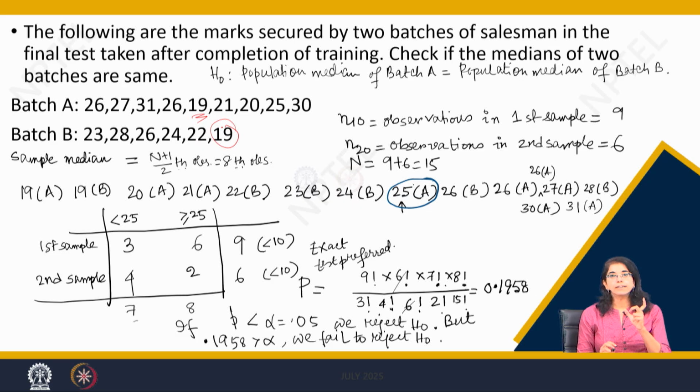But the beauty of the median test is, it doesn't get bothered about the repetitive observations, the tie case of the observations, unlike the previously discussed Wilcoxon Mann-Whitney test, right?